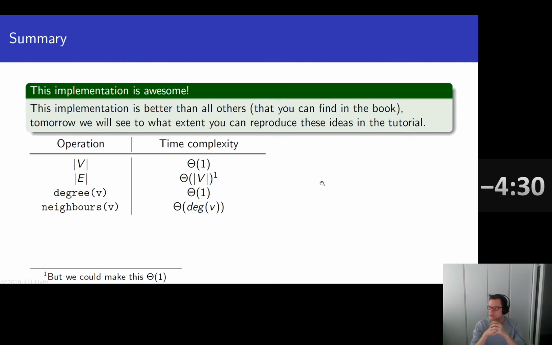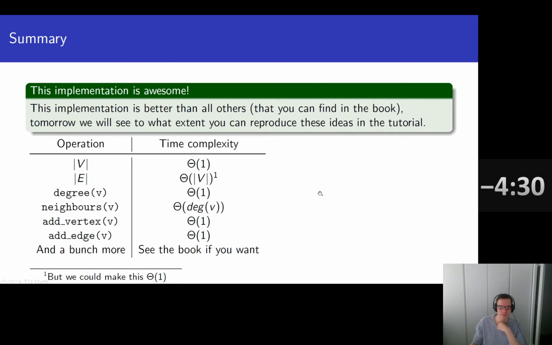Determining the degree of a vertex, well, that's just getting the len of one of these adj fields, so that's constant time. Getting all the neighbors takes no more time than there are neighbors, so theta degree of v. Adding a vertex, adding an edge, both constant time, because all we're doing is adding something to a dictionary, and adding something to a dictionary is expected constant time.